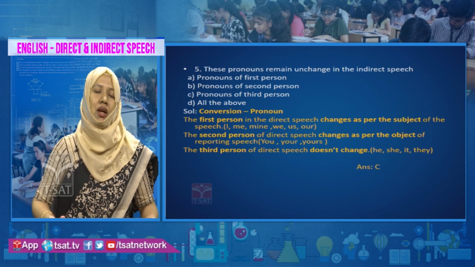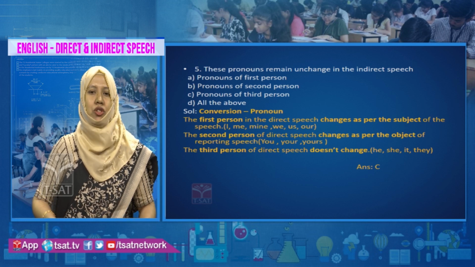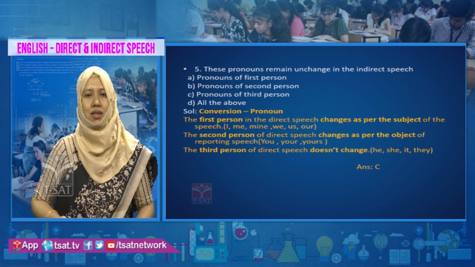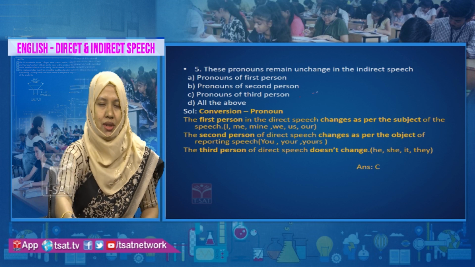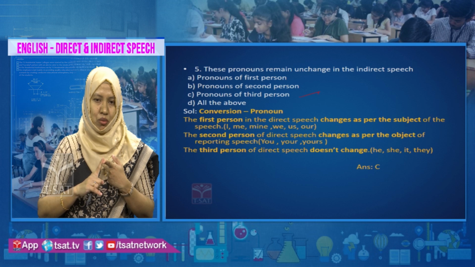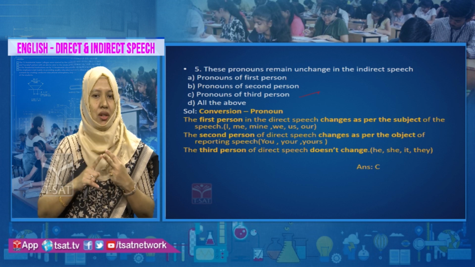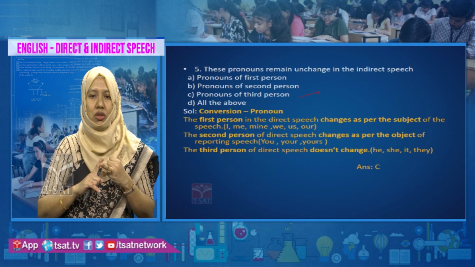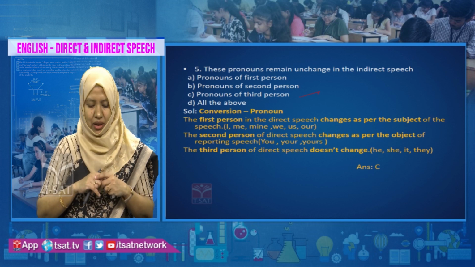Whatever is used in direct speech will remain the same in indirect speech. So option C is correct, pronouns of third person. First and second person pronouns get converted, but third person pronouns do not change.